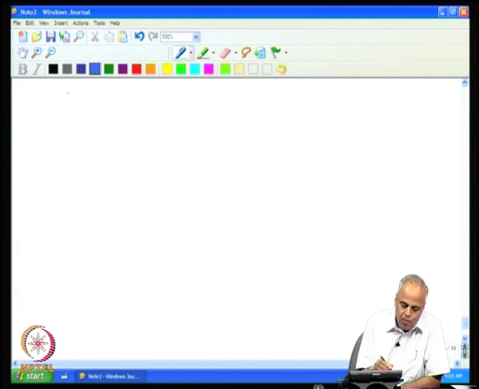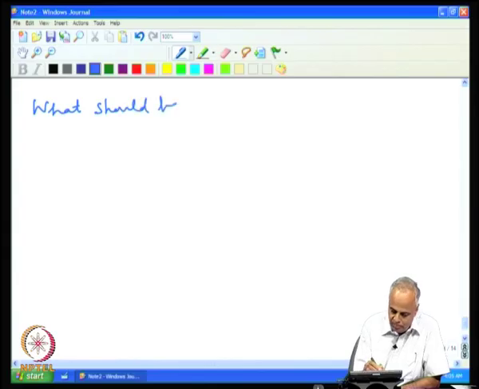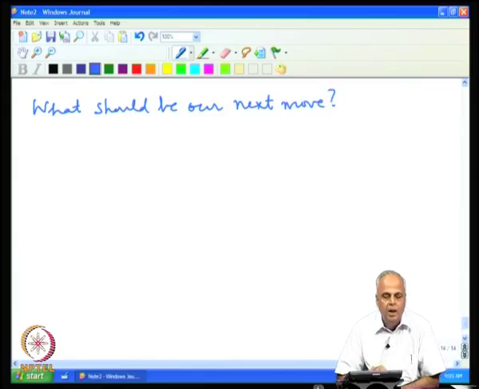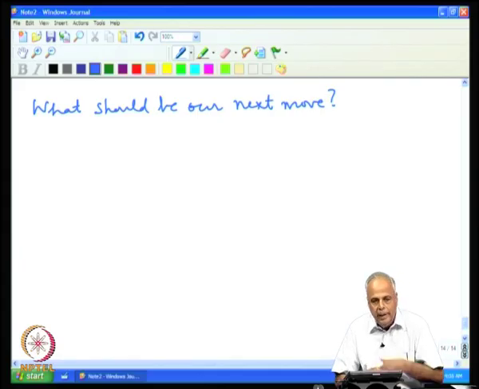Now, therefore, what should be our next move? The idea always is, if you know how to solve or handle one particular problem, the next level complex problem would be attempted to be brought down to this easy level.